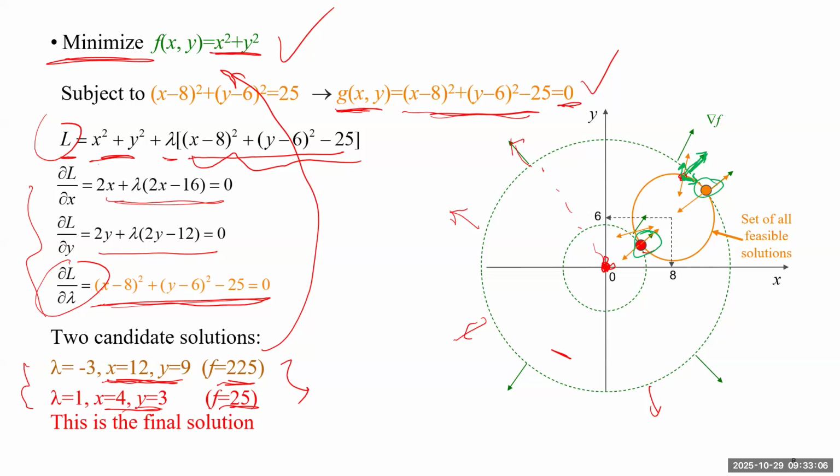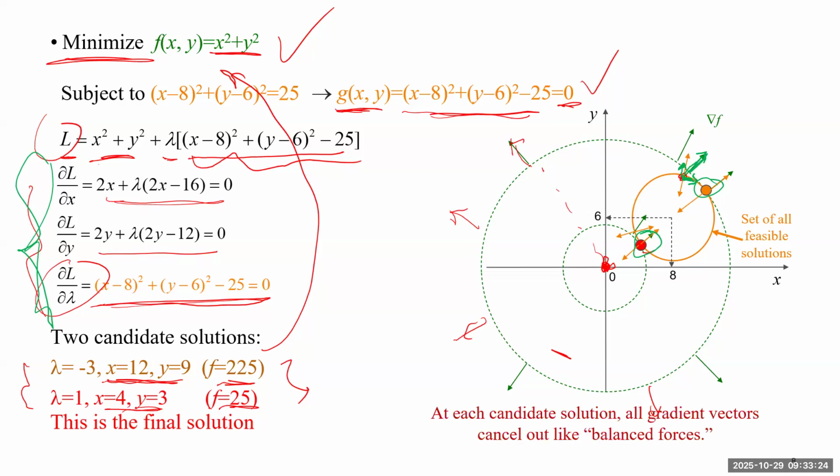That explains why we can calculate the gradient vector of the new Lagrange cost function and find stationary points. All the stationary points are like a state in this space. All the forces added to the point cancel out. So at each candidate solution, all gradient vectors cancel out like balanced forces.